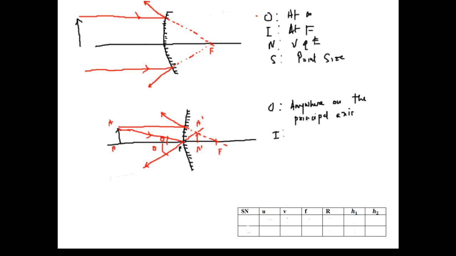Image, not behind, it will be between P and F. Nature virtual and erect, and size, it is diminished because the size is not greater than the size of the object, so it is diminished. Okay, so these are the only two ray diagrams for convex mirrors.